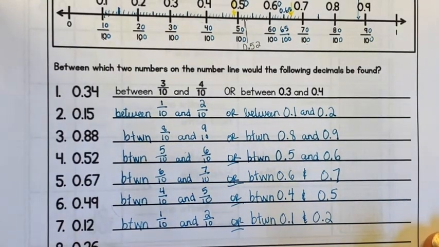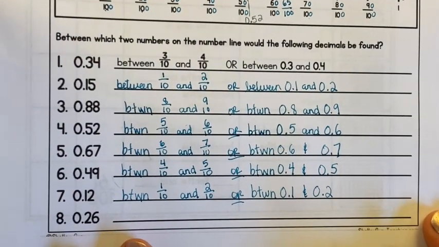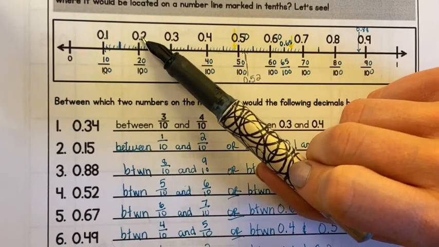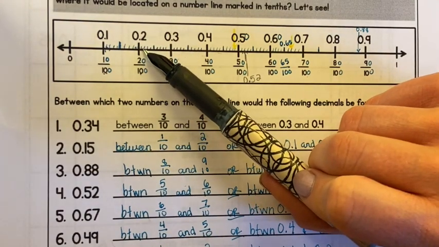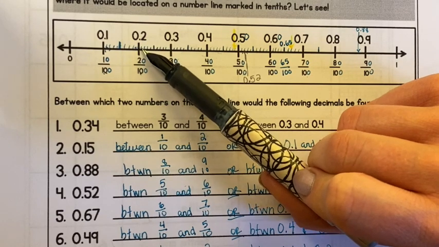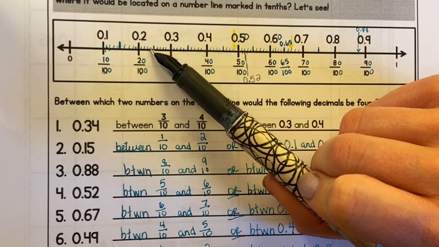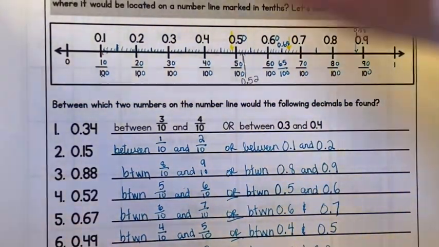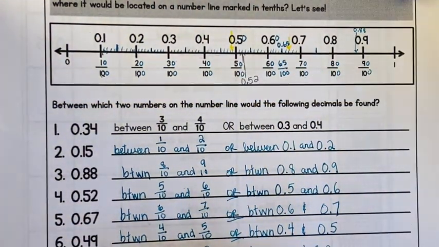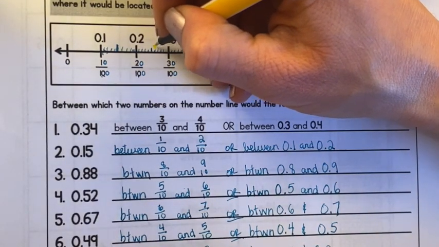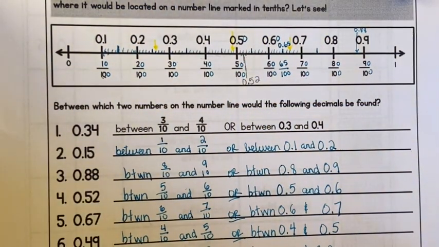Now we're going to do the last one. It's 0.26. I'm going to go here and look here. So I look, all right, I've got 0.2, and I go 0.21, 0.22, 0.23, 0.24, 0.25, 0.26. So it's right here. Gotta get rid of that pen so I stop picking it up. 0.26 goes right here, right where that yellow arrow is.